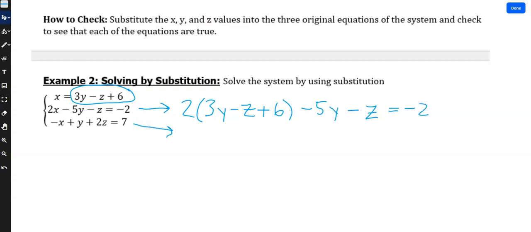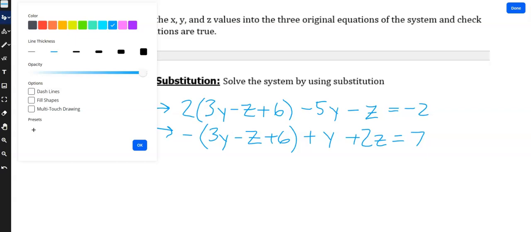Something tells me this is going to be really long and drawn out. And you guys are going to complain about it. Plus y plus 2z equals 7. So I just replaced x in both the second equation and the third equation.